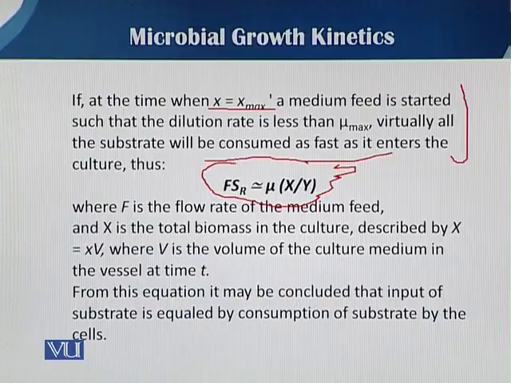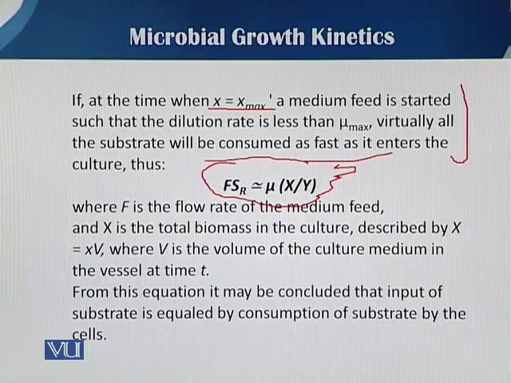Then we can say that, for the substrate consumed, F, the flow rate, times S_R, the substrate which we are adding, will be equal to the specific growth rate times the biomass concentration over the yield.